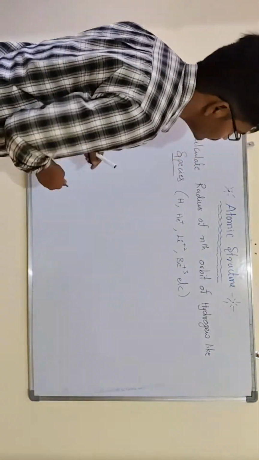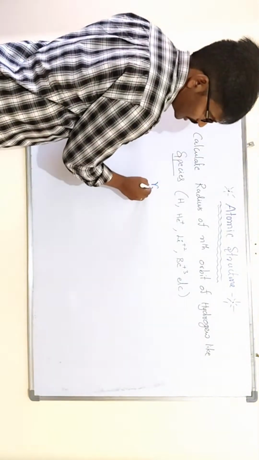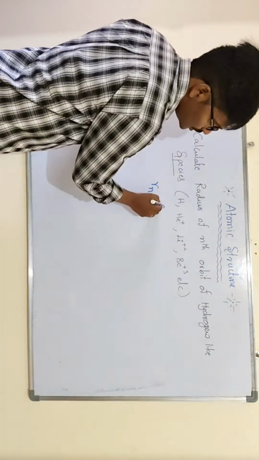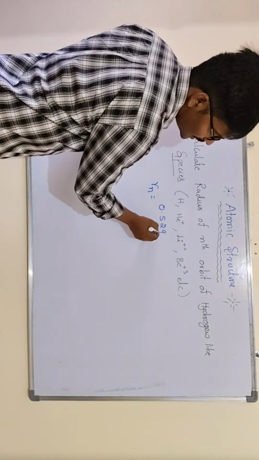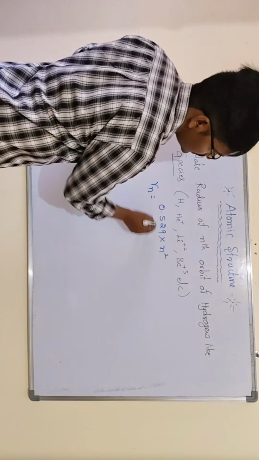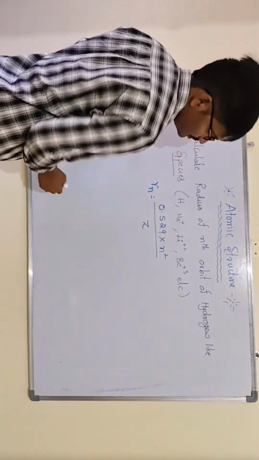To find the radius of the nth orbit, Rn equals 0.529 into n square divided by Z. This is the formula.